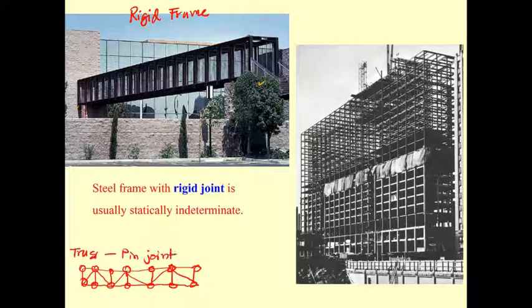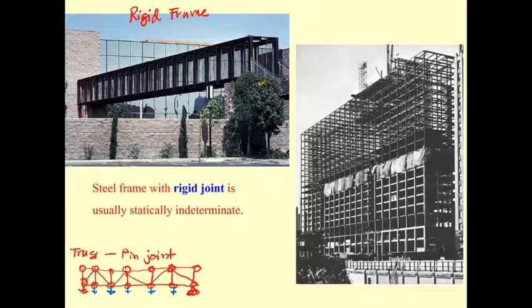And for the truss, what else do you have? The force is going to be applied at the joints of the truss. That is the truss. It's different from the structure above here.